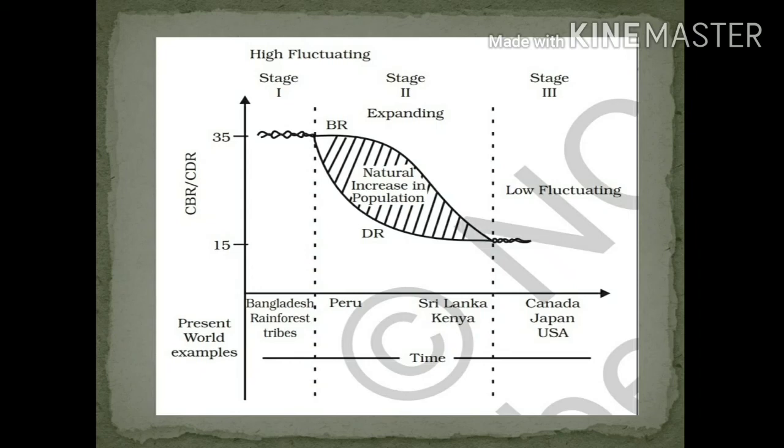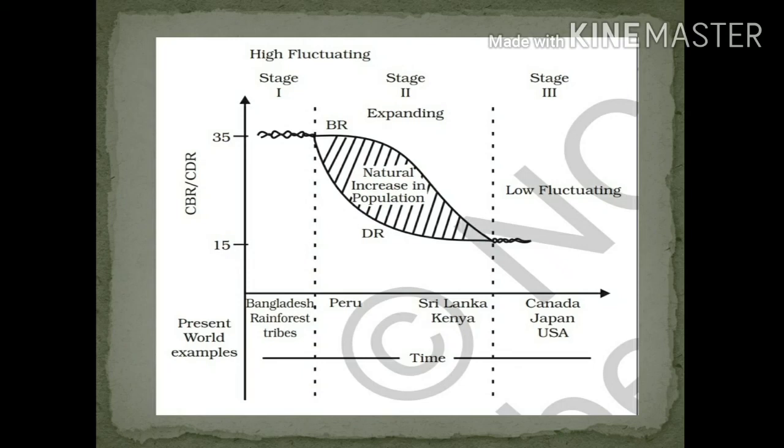If you see in stage 1, you will see that CBR and CDR both are very high, that is 35 per thousand. Crude birth rate is also high and crude death rate is also high in stage 1, which we had already discussed. After that, in stage 2, the birth rate is still high in the beginning, but in the later half of the second stage, birth rate declines.